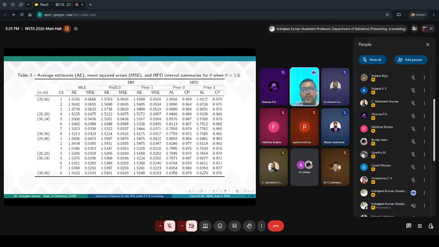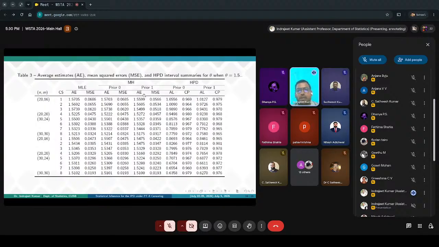Prior zero refers to the non-informative prior, for which we have considered the hyperparameters A and B equal to 0.001. For prior one, we have decided the ratio of the hyperparameters is equal to the true value of the parameter.